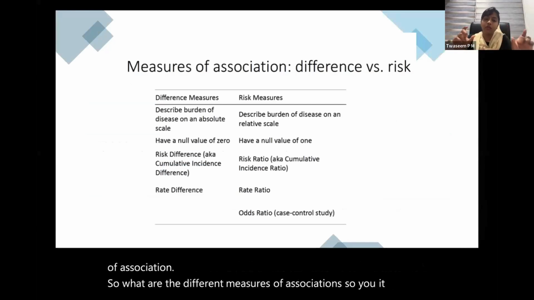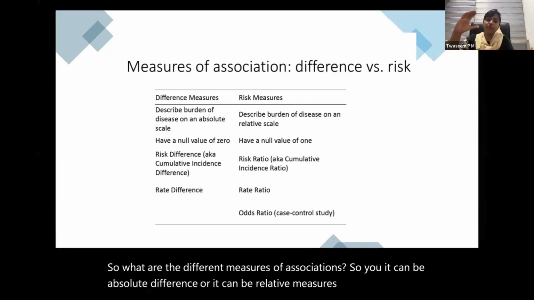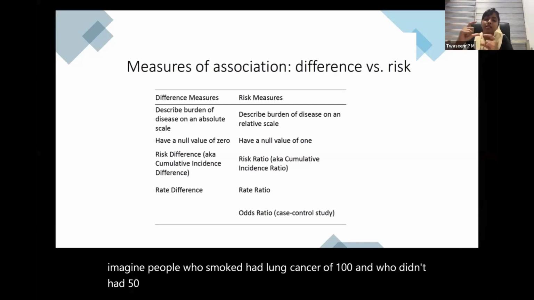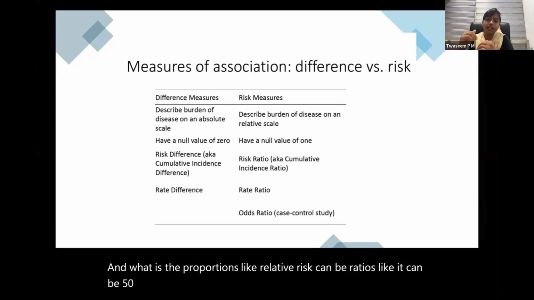It can be an absolute difference or it can be relative measures. Absolute is, imagine people who smoked had lung cancer of 100 and who didn't had 50. So 50 is the absolute difference between the two groups. And what about proportions? Relative risk can be ratios, like 1 by 2, which indicates that it is half the proportion. So that is a risk measure.